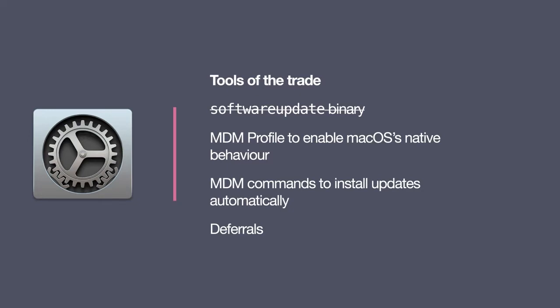Alternatively, we could send MDM commands to tell macOS to automatically check for and install updates there and then. Both of these options also let you add an optional deferral, which lets you delay updates being visible to your Macs until a set number of days after Apple release them.